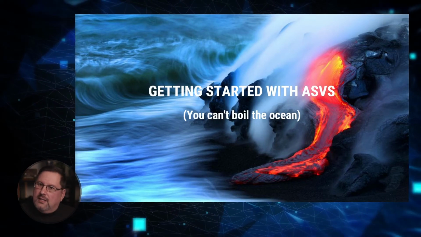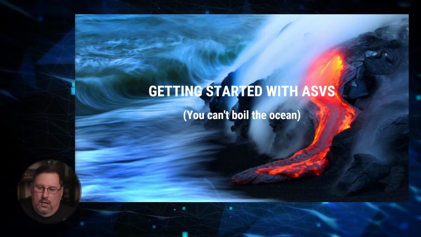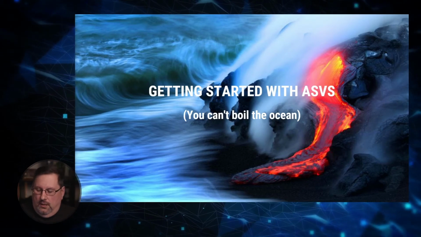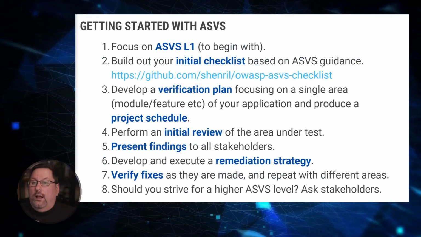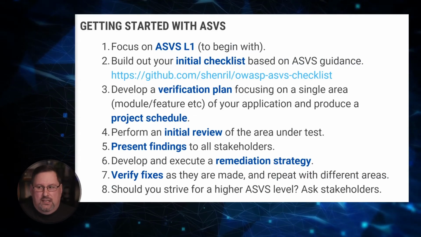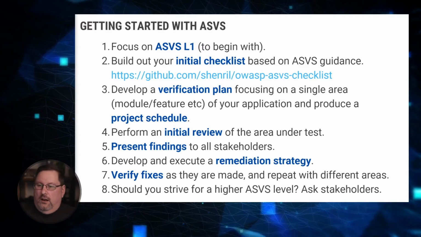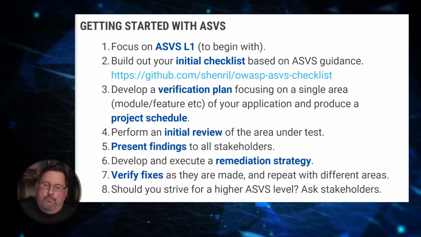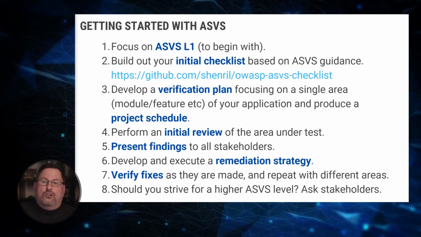But I do have some guidance on how you can get started and move your organization in a way to help strengthen and secure your web applications. The first is to focus on ASVS L1 to begin with. Build out an initial checklist based on that ASVS guidance. And there's a link there to the GitHub repo of someone who's actually produced a really nice Excel spreadsheet to allow you to track this.